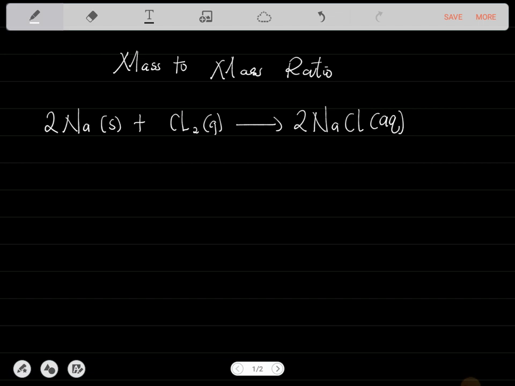Then, let's say we've been given 1.5 grams of sodium that react with chlorine. How do we find the mass of chlorine that reacted?